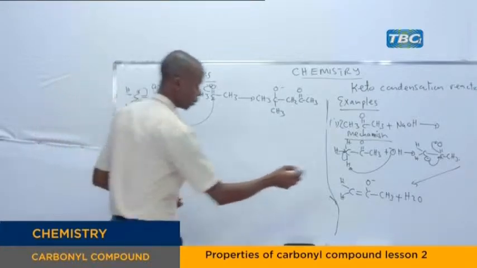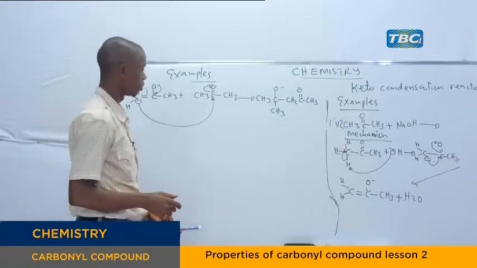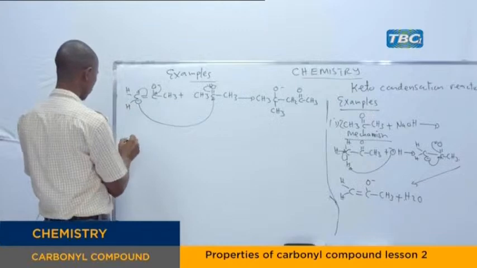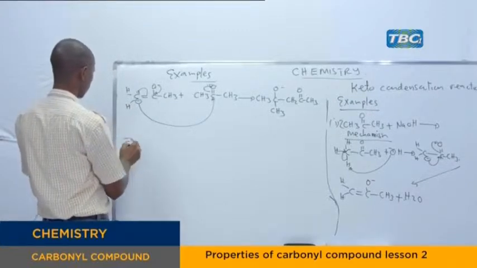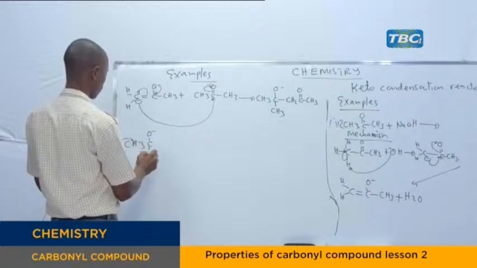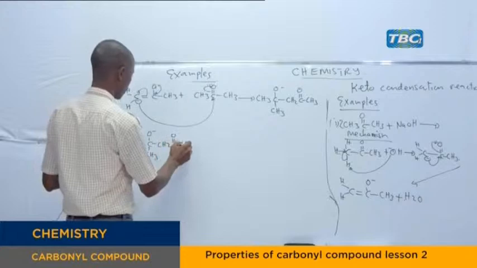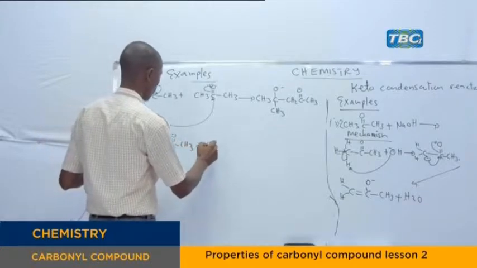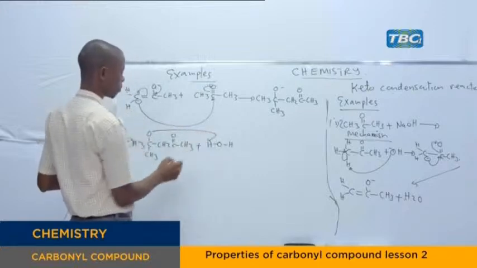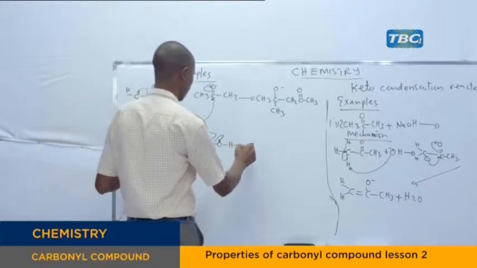Now the water which formed will give the proton here to finalize the reaction. Now this will attack this proton and the electron moves to this one. We are going to form this product.